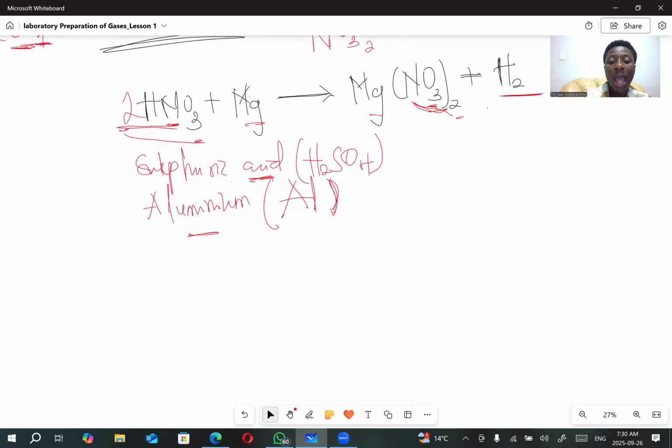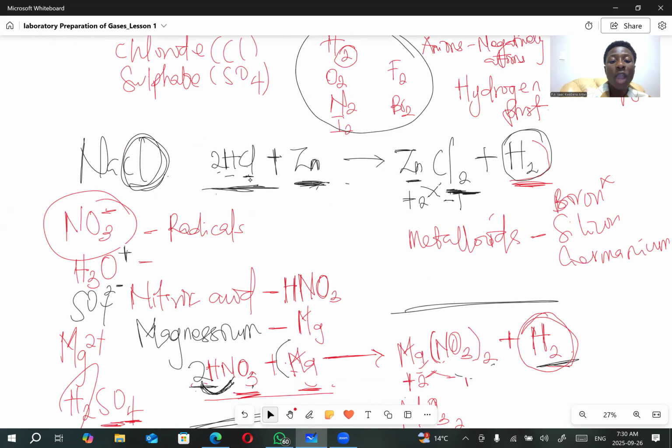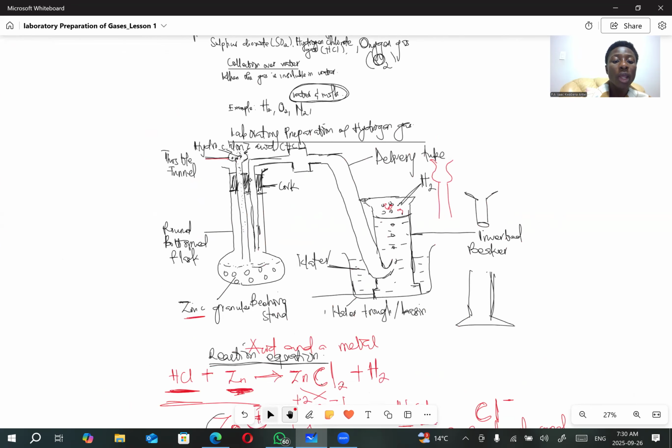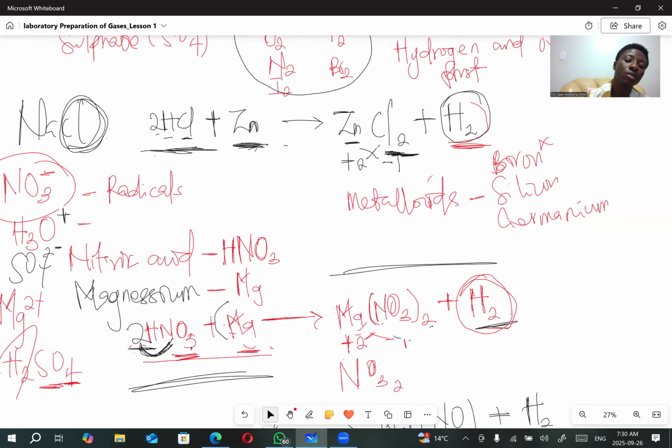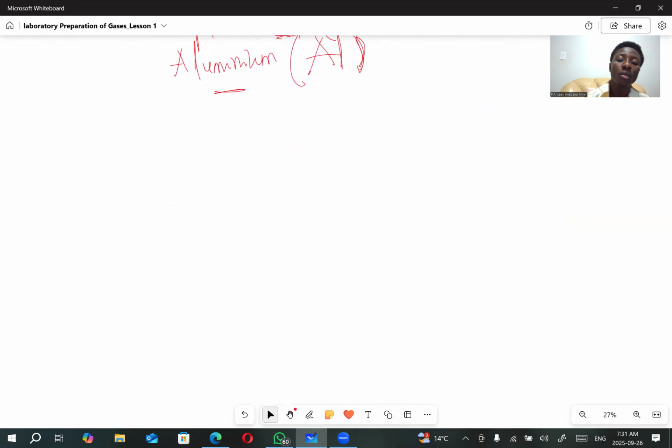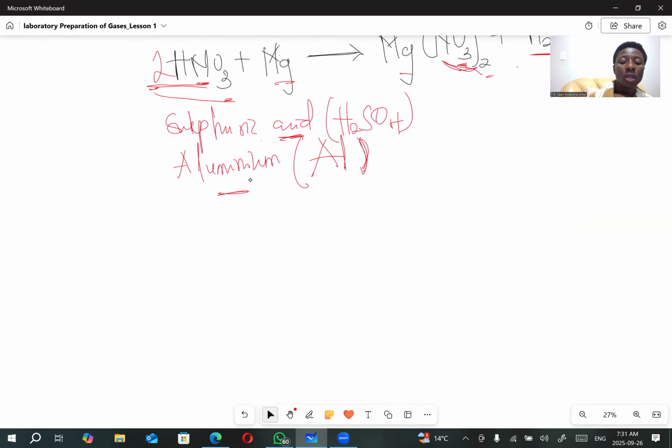So if I give you a diagram, and in the diagram we are pouring sulfuric acid to aluminium, and you know aluminium is a metal, then you know that the gas that is being prepared is hydrogen gas. So let's start. Help me establish the equation.